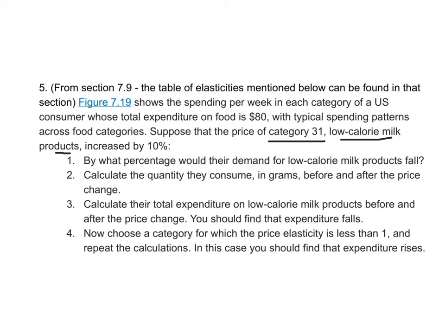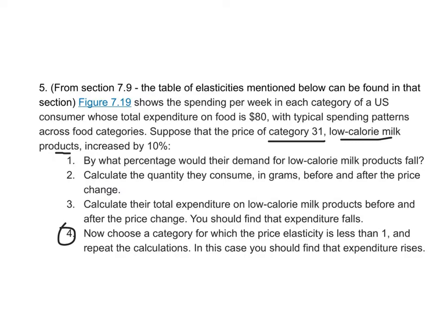So we're going to use that category. The typo was that they had referred to category 30, high-calorie milk products, that had a price elasticity of demand well below 1. It was price inelastic. So we'll actually do that one for number 4, but numbers 1 through 3 are written as though demand is elastic. The price elasticity of demand is estimated to be greater than 1.